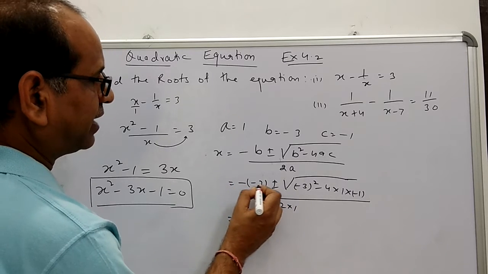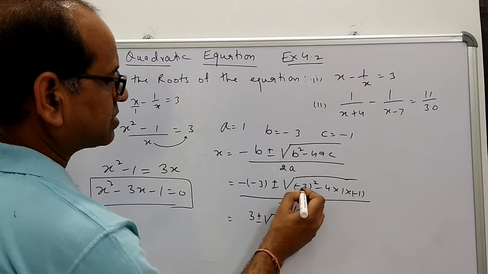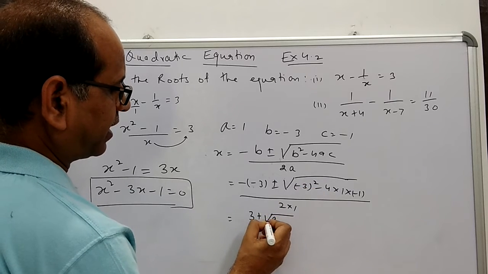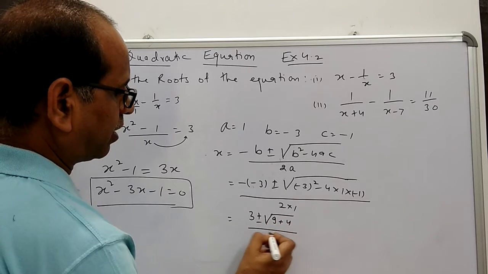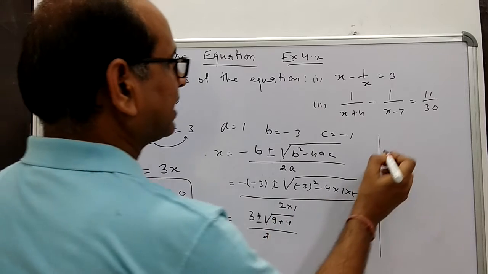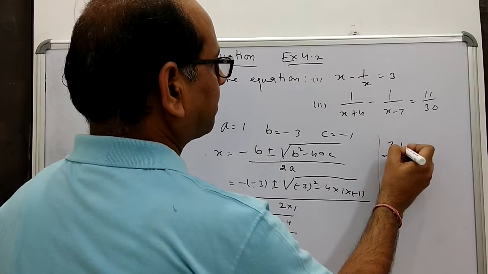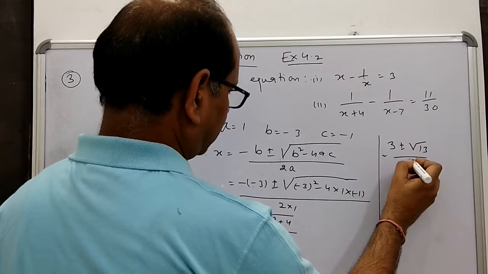So now it is minus and minus, it is plus 3 plus minus root of 3 square 9, and this minus and minus plus 4, upon 2. So the final answer is 3 plus minus root 13 upon 2.